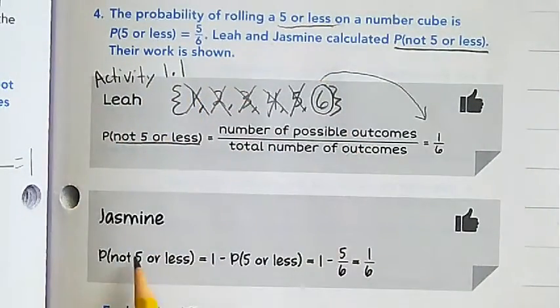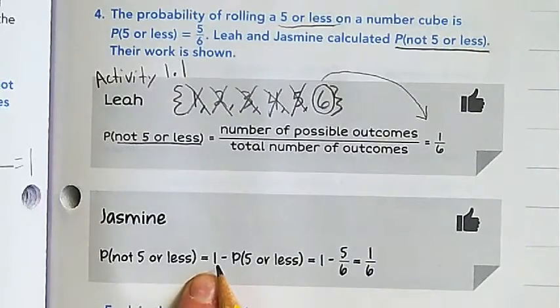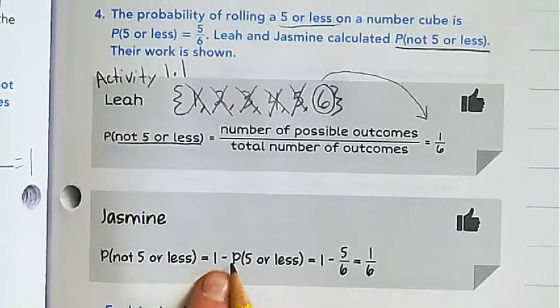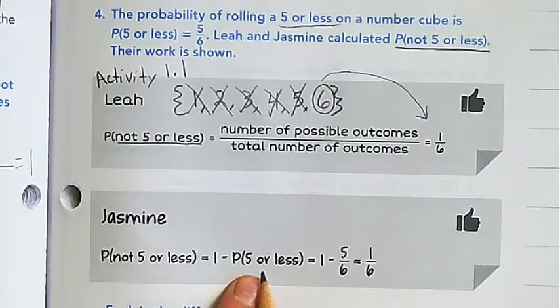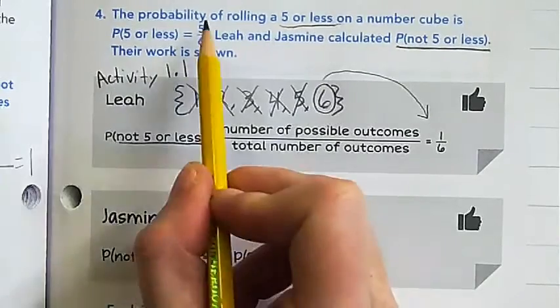But what did Jasmine do? Jasmine found the probability of not 5 or less. So she took one whole and subtracted the probability of getting a 5 or less, which was given to us in the problem, this right here.